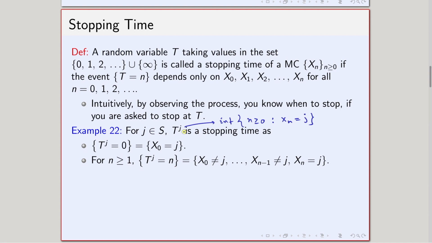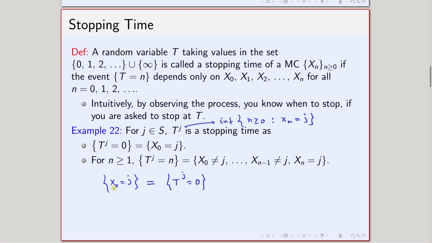Now you see that suppose I have observed X_0 to be j. Then I can easily say that T_j is equal to 0. These are equivalent sets.